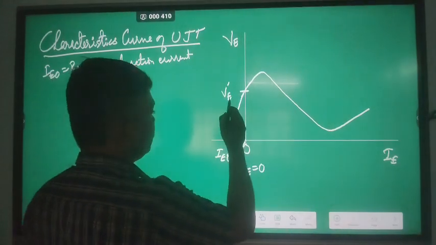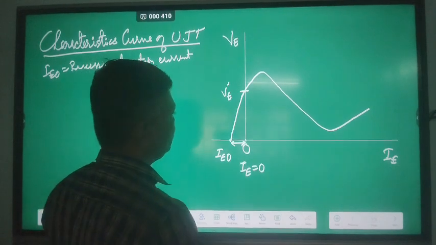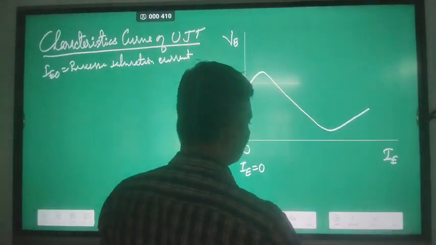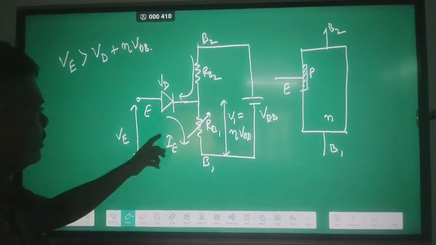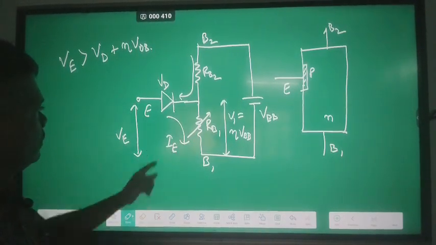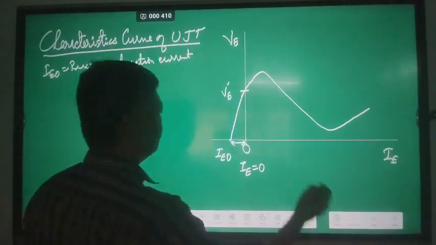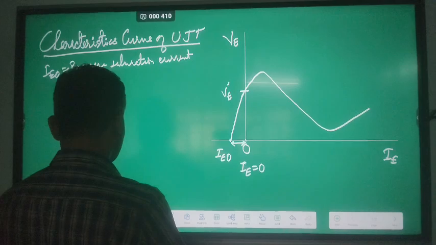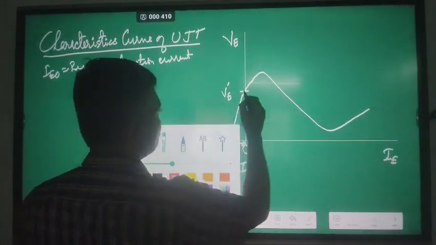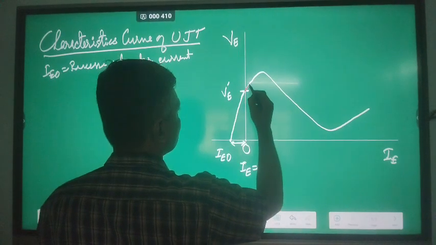If we increase the voltage a little bit above this VE dash, then the diode starts conducting a little bit. If it starts conducting, then I will get a current which increases linearly.